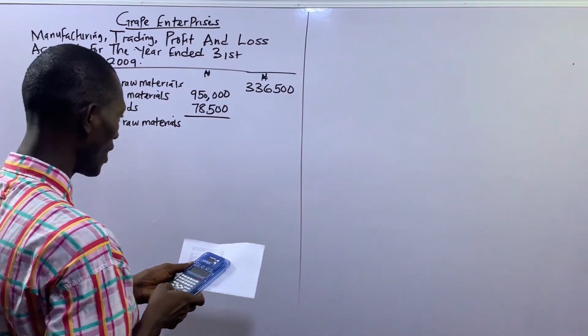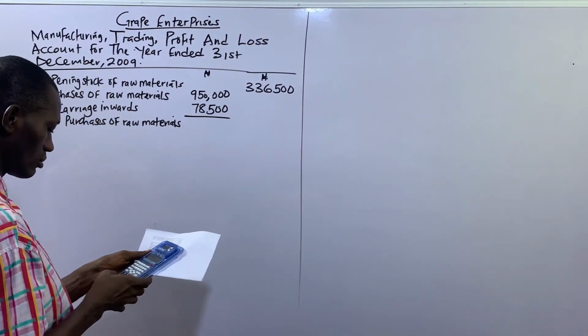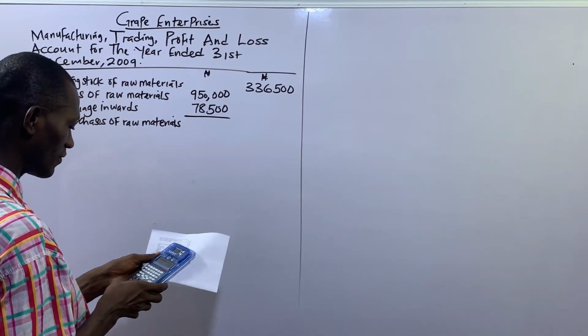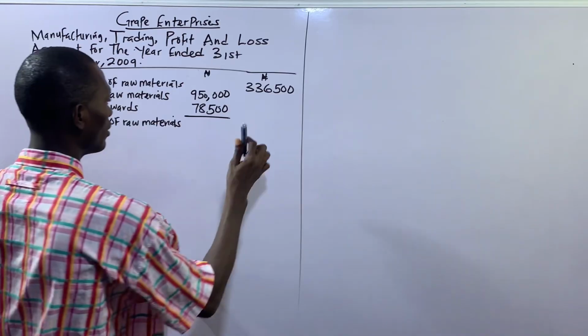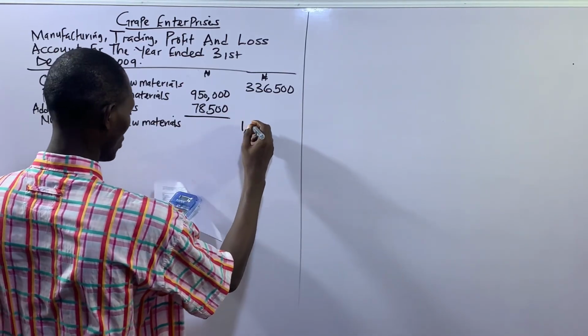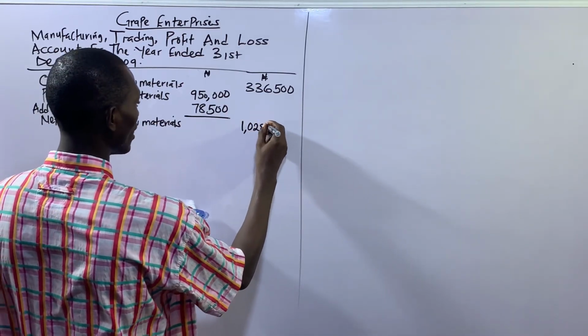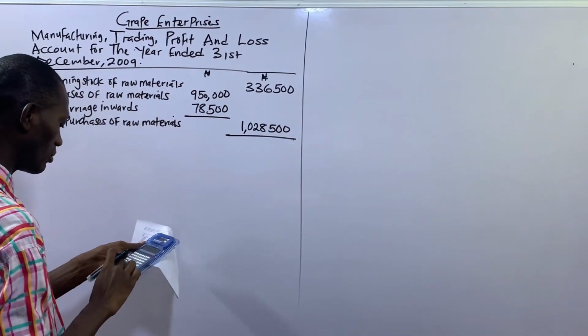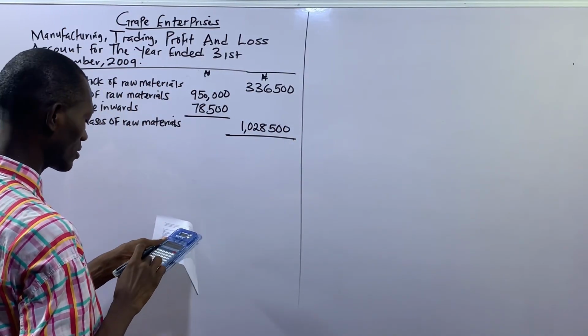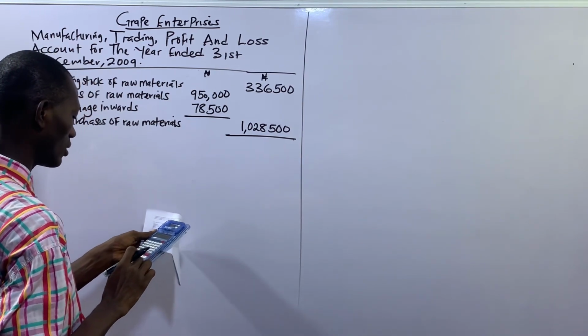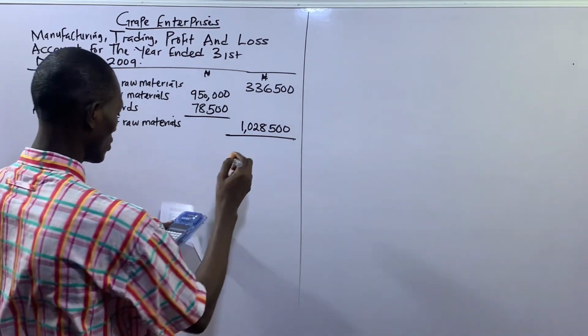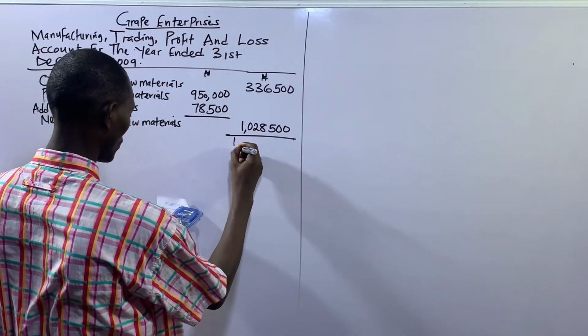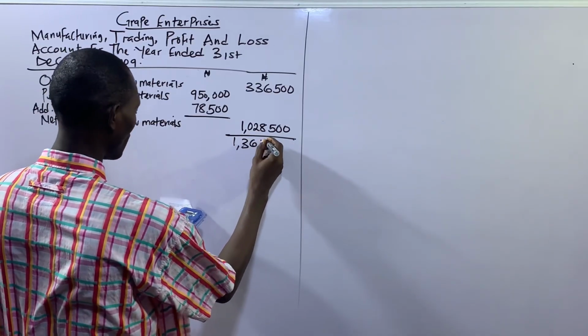So 950,000 plus 78,500, we have 1,028,500. Then we have the two together plus 336,500. So we have 1,365,000.